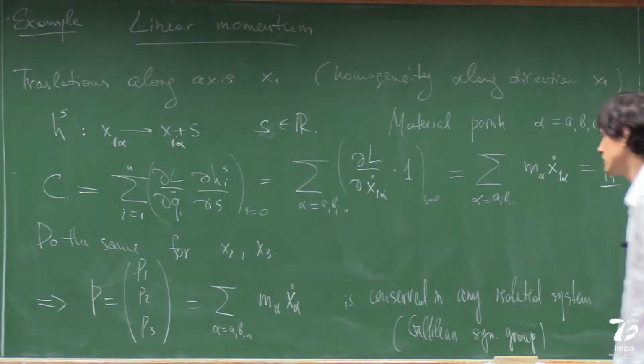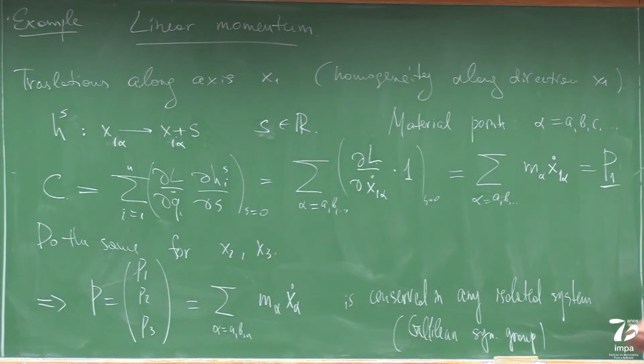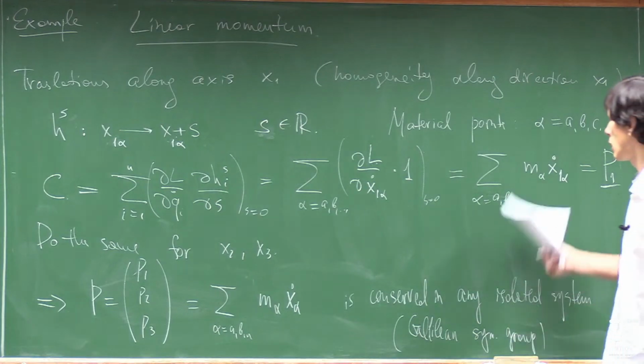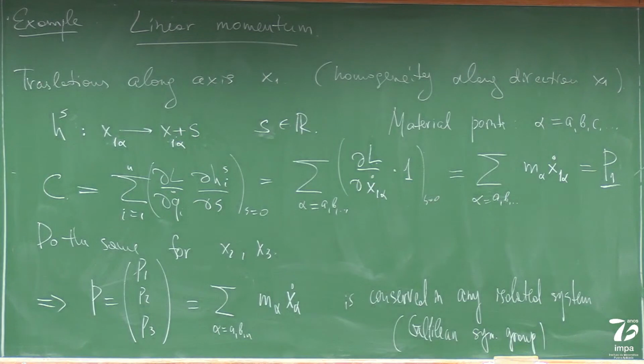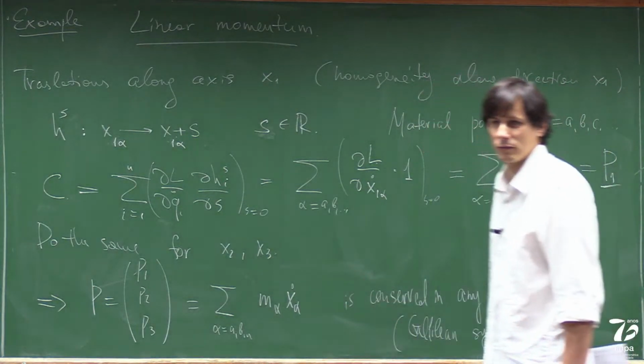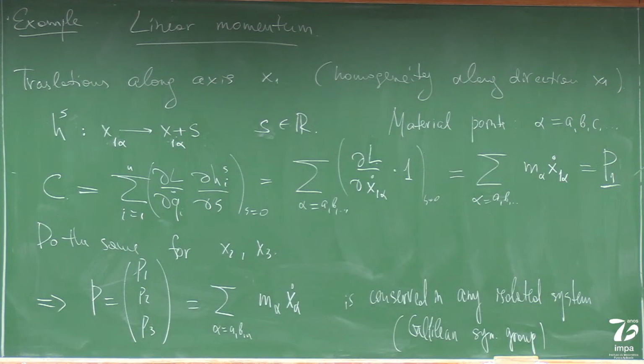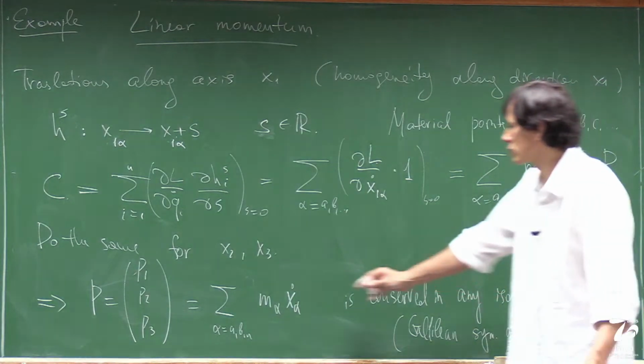So for any isolated system, the Lagrangian should be invariant with respect to the Galilean symmetry group. So if the Lagrangian doesn't change, automatically it means that this sum will not change in time. Actually it's a rather long way to come to the momentum, because you can take the Euler-Lagrange equation for any system of point masses which satisfies this Galilean symmetry group, we know the general form of this equation, and just verify that this is conserved.